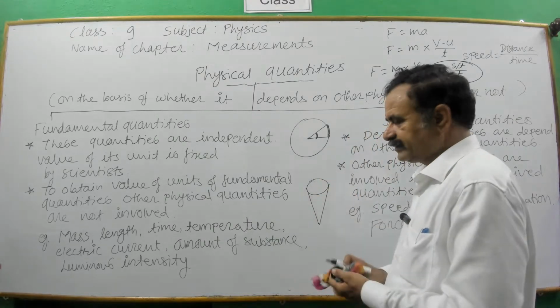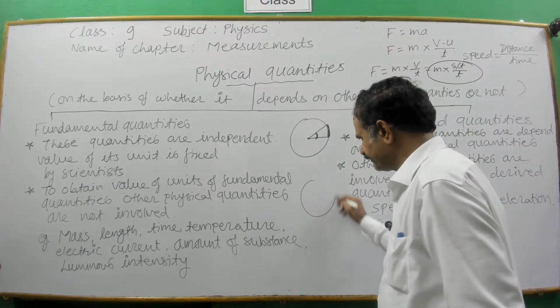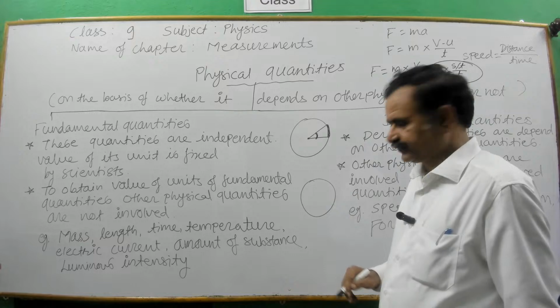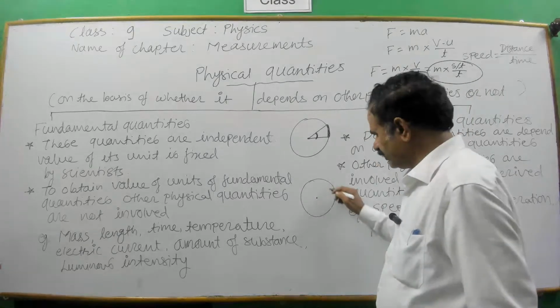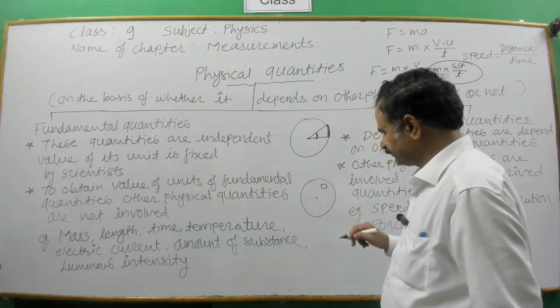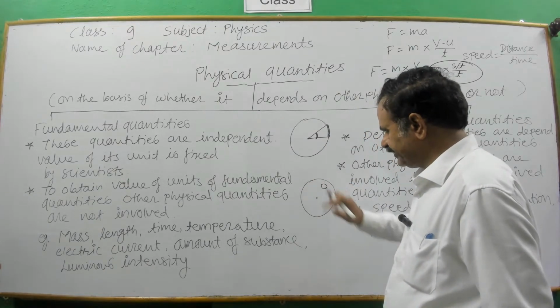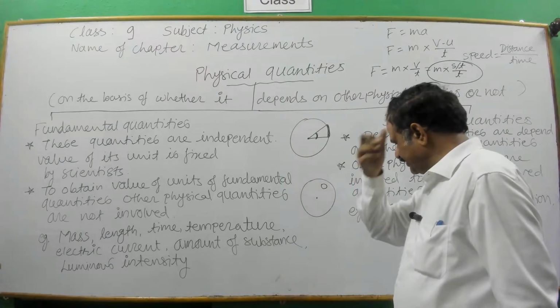Now where does this come? On a sphere. Take a football. This is a football. This is the center of the football. On this football, suppose this much area, or we got this area.